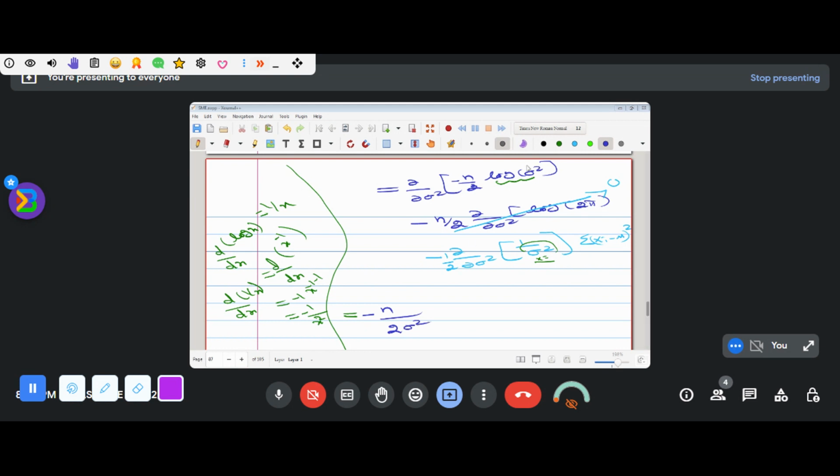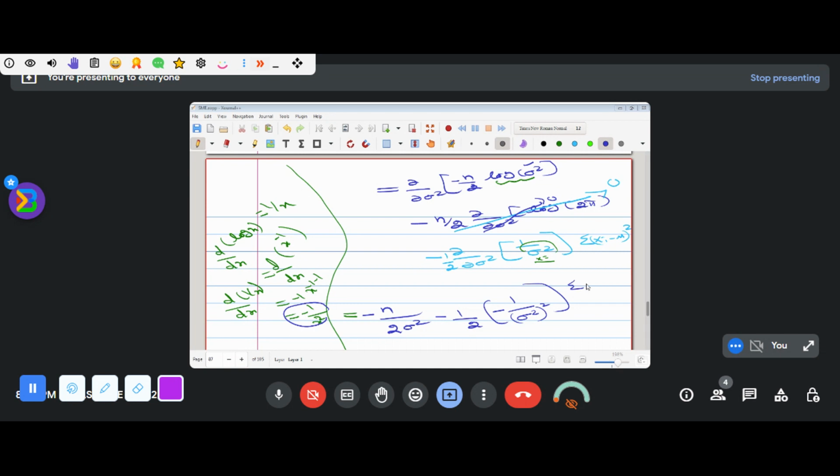The constant term is already 0, no issues. The second term is minus 1 by 2, and the derivative of 1 by x is minus 1 by x squared, therefore I am writing here minus 1 divided by sigma square whole square.